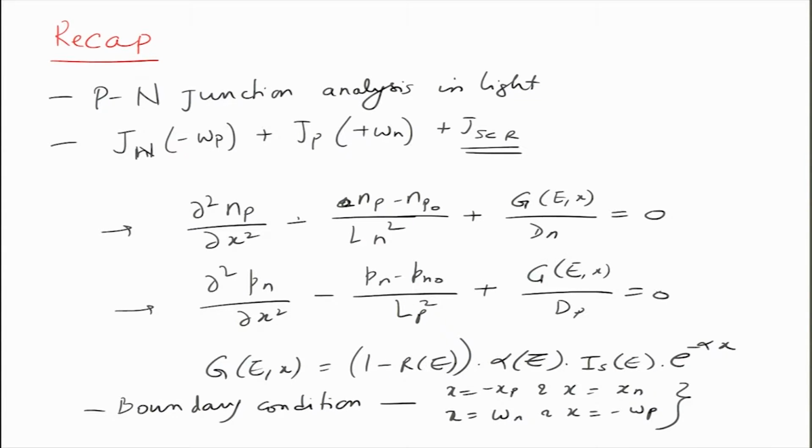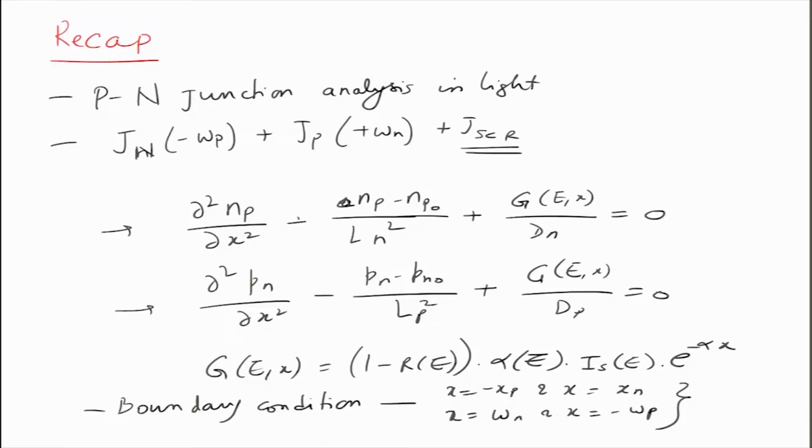At x equal to minus xp and xn we took surface recombination into account, whereas at x equal to Wn and minus Wp we took the same concentration of carriers as we took earlier, and that was Ni square divided by Nd times exponential of QV by kT minus 1 for hole concentration, and for electrons it was Ni square divided by Na times exponential to the power QV by kT minus 1.